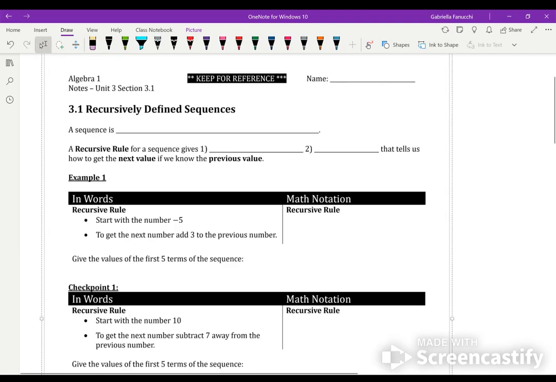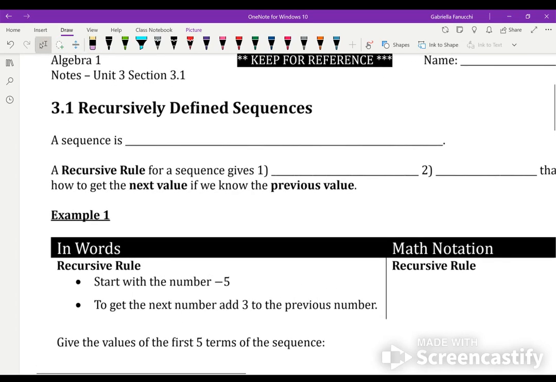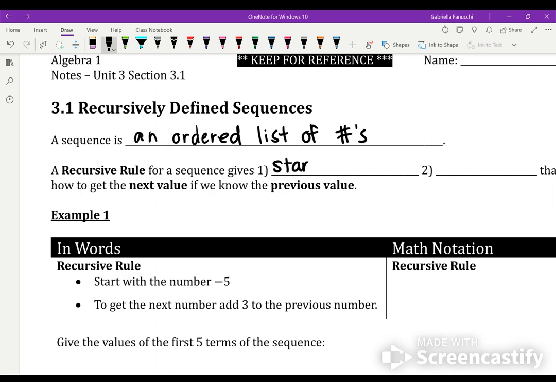Okay, so a sequence is an ordered list of numbers. A recursive rule for a sequence is going to give you two things. First thing it's going to give you is the starting value.